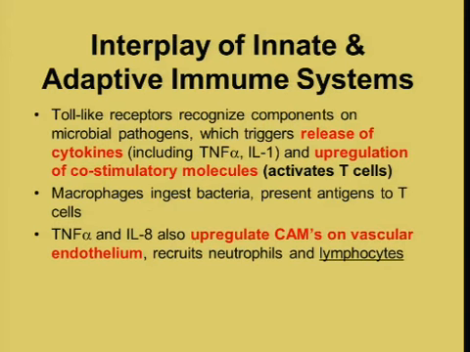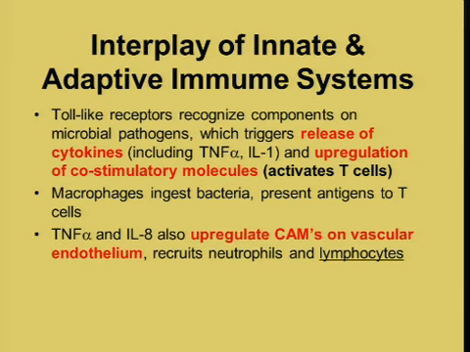So basically, there's an interplay between the innate immune system and the adaptive immune system, and we'll cover the major component of the interplay in the next lecture. So you have toll-like receptors that recognize components of microbial pathogens, mostly similar patterns. So there is promiscuity among receptors.